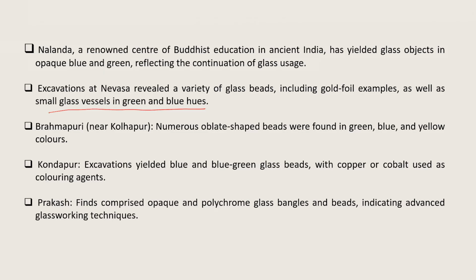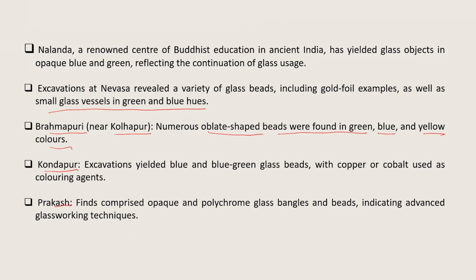At Brahmapuri near Kolhapur, numerous oblate shaped beads were found in green, blue and yellow colors. Kondapur excavation revealed blue and blue green glass beads with copper or cobalt used as coloring agent.